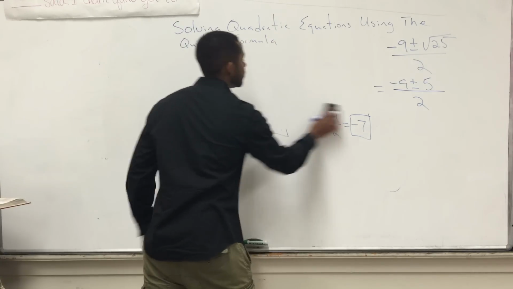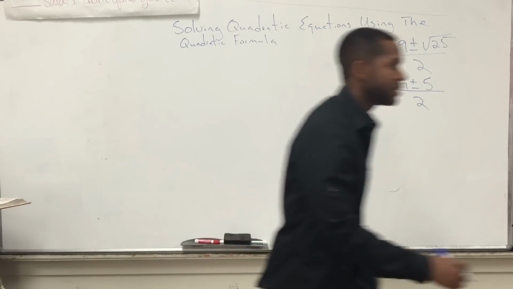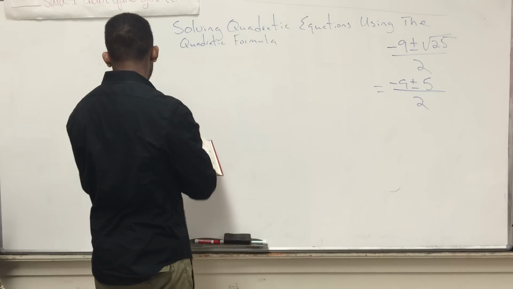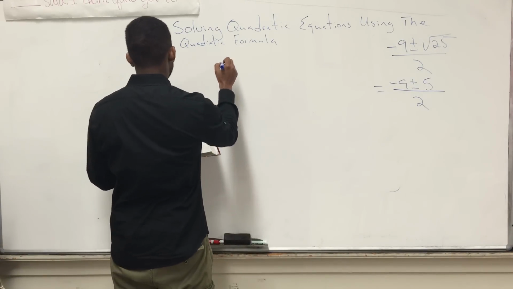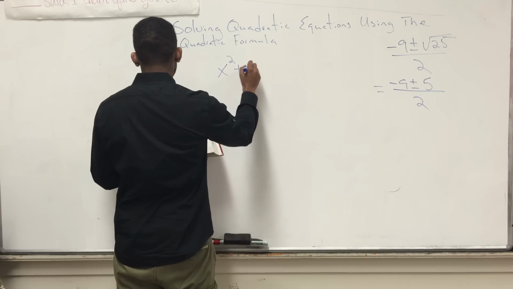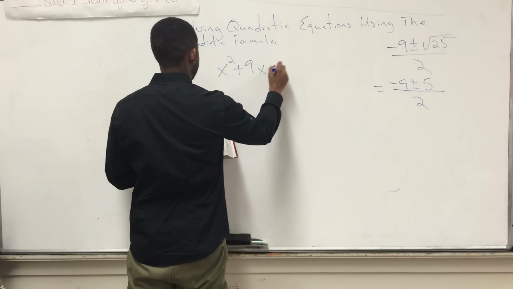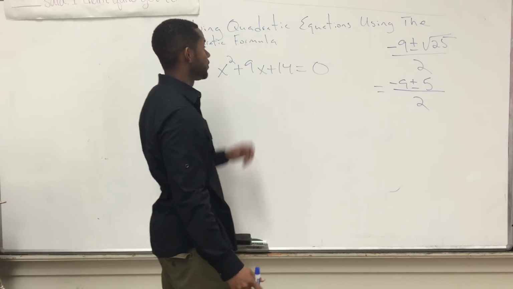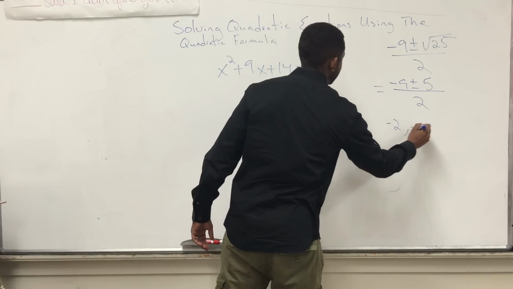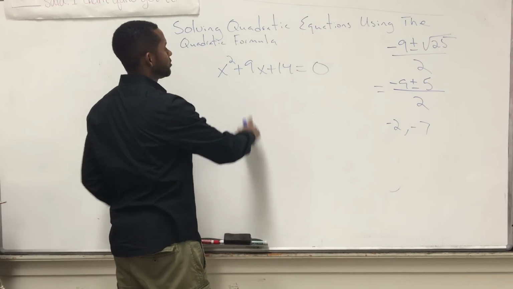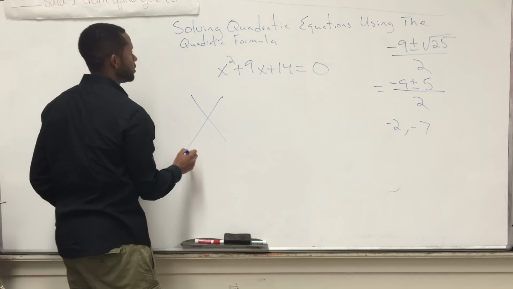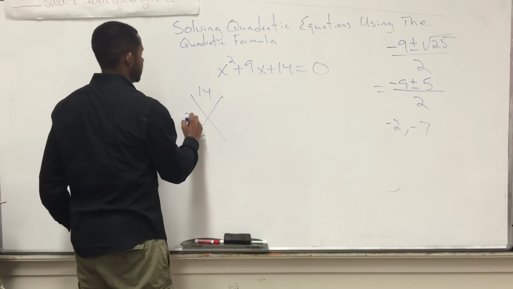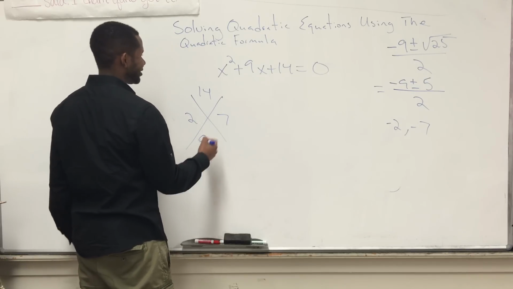Just want to show you something real quick. Make sure you get this piece down. What was that original equation again? It said x squared plus 9x plus 14 equals 0, and we said my answers were negative 2 and negative 7. Look at this: what if I had factored this and did an X problem? 14, 9: 2 and 7.